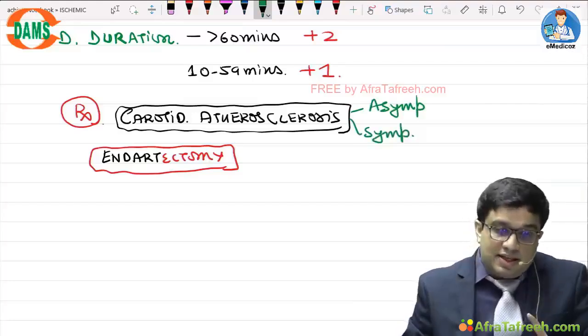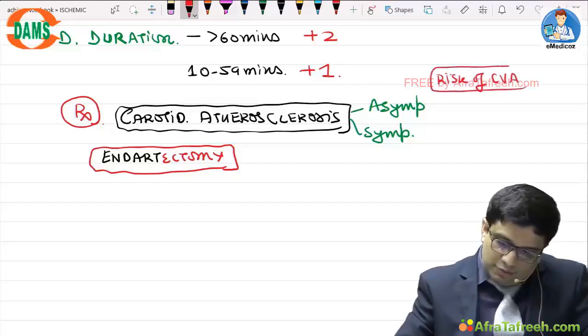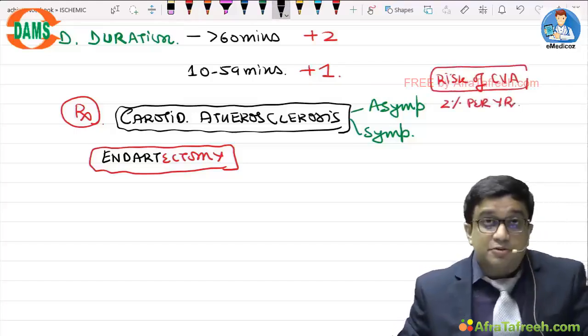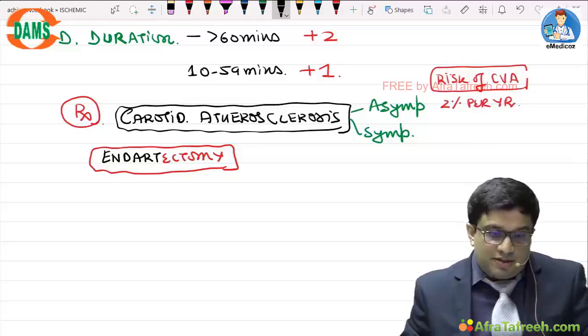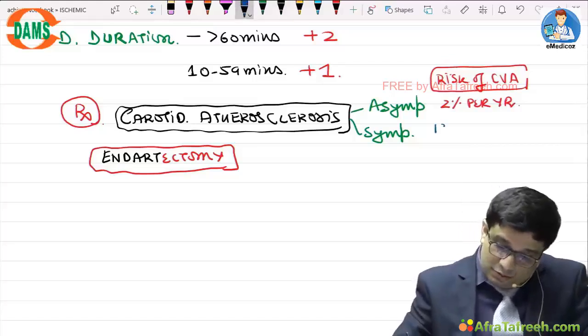Remember this, in asymptomatic carotid atherosclerosis, the risk of stroke is very low, 2% per year. While in symptomatic atherosclerosis, in the sense they had a TIA and all that, the risk is almost 13% per year.